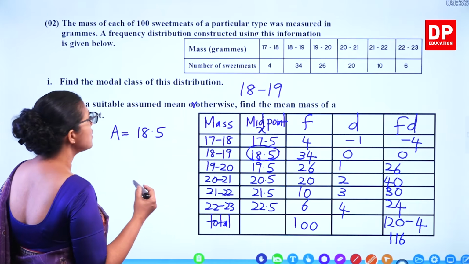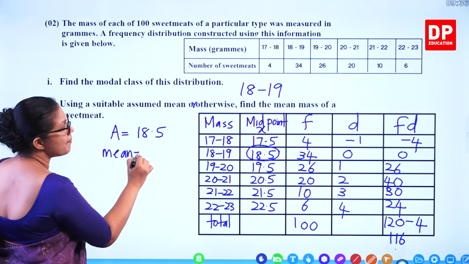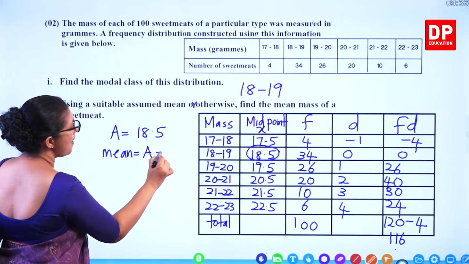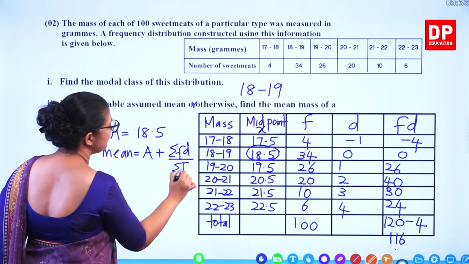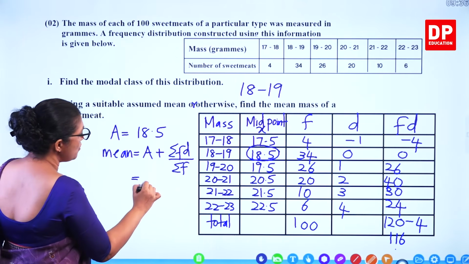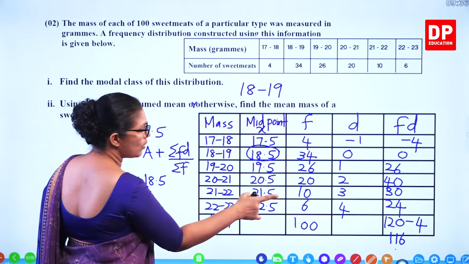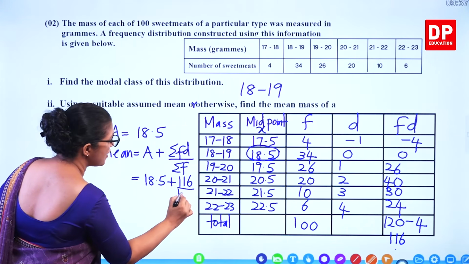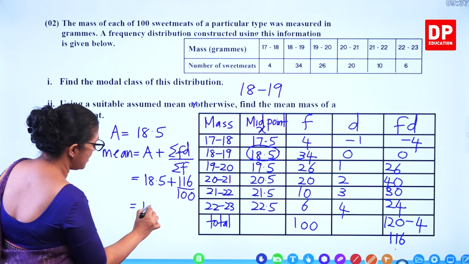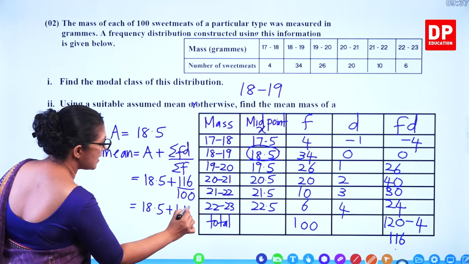Now we find out the mean. So what's the mean value? Mean becomes assumed mean plus sigma fd over sigma f. Assumed mean 18.5 and total fd, that's 116 over 100. Then 18.5, when you divide 116 by 100, this becomes 1.16.